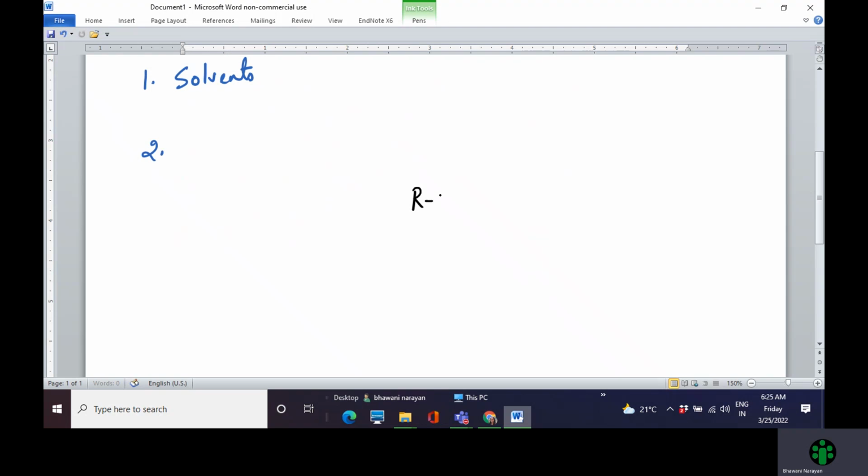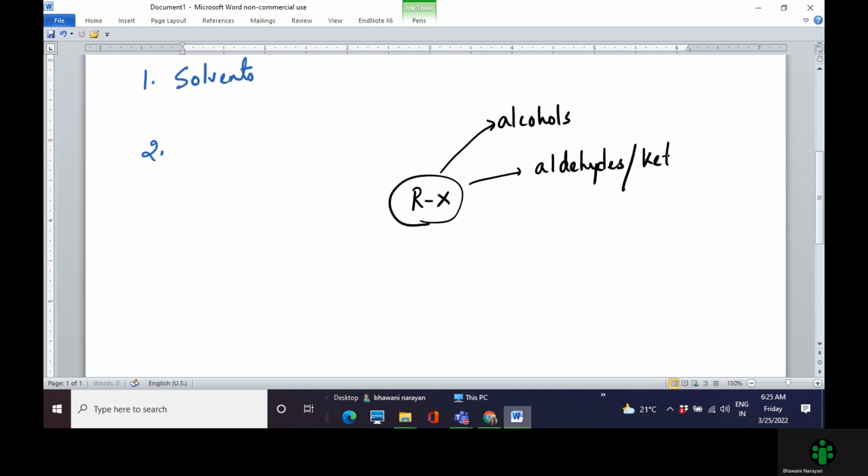So starting from RX, we can make a variety of molecules. We can convert RX into alcohols. We can convert them into aldehydes and ketones. We can even make acids from this.